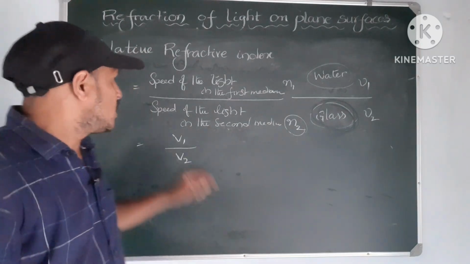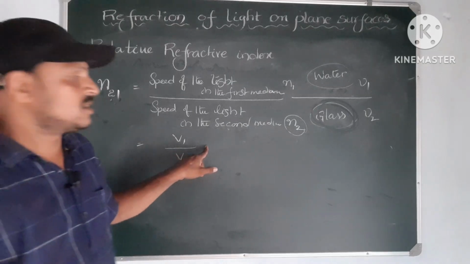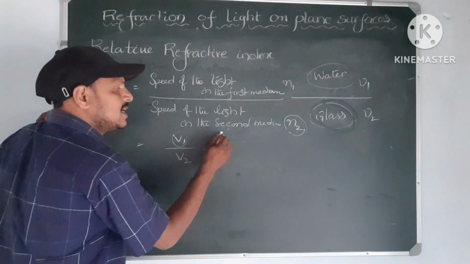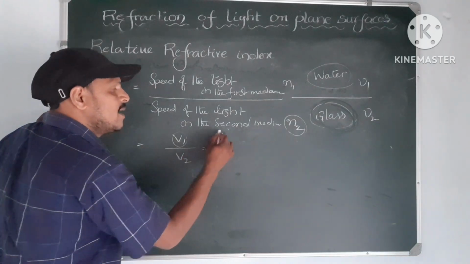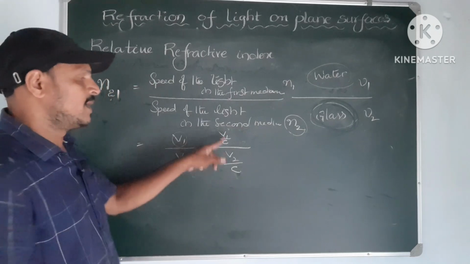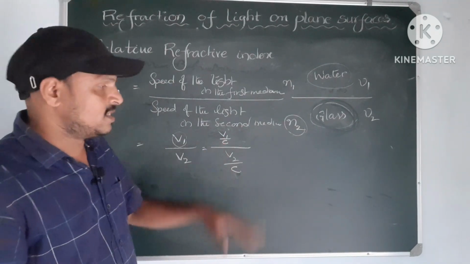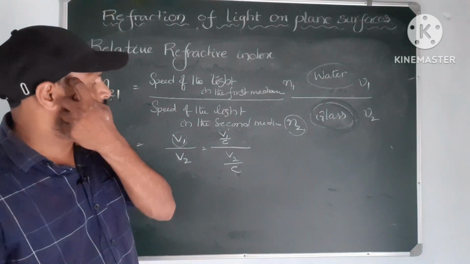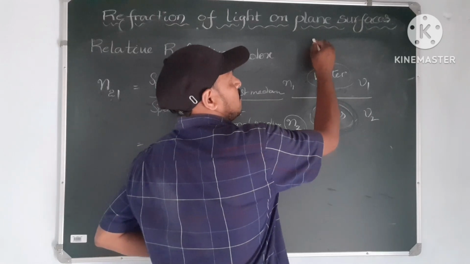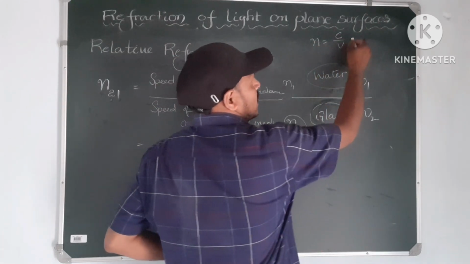So we can express relative refractive index in terms of absolute refractive indices also. So just divide the numerator and denominator by c. V1 by c, V2 by c. V1 by c, what is the absolute refractive index formula? n is equal to c by v.